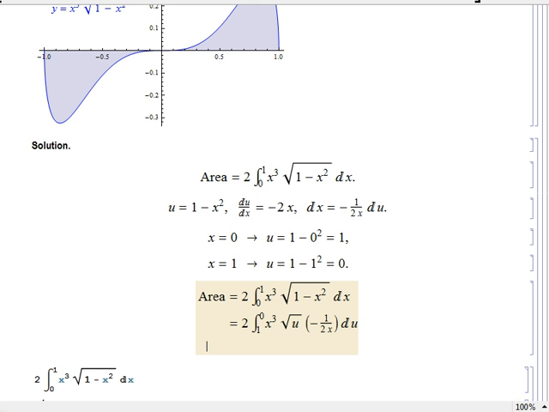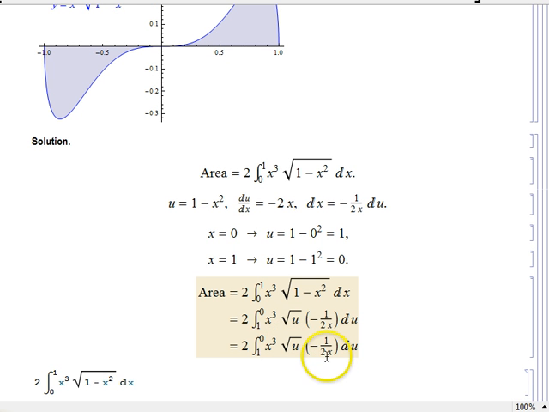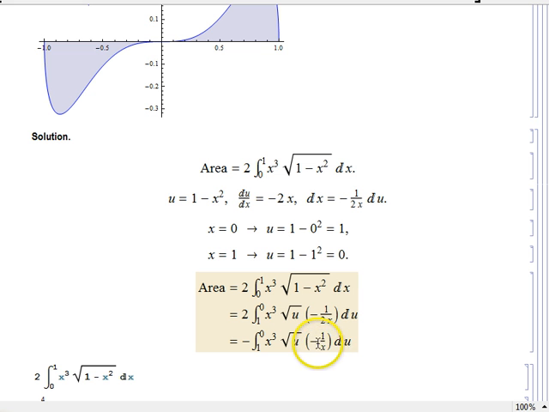Now, do you see cancellation? Yes, there is some cancellation, but I'm afraid not complete. Let's see, this 2 cancels out, we have just a negative sign, so this can all go. The negative can go, and this x in the denominator will cancel out one of those cubed, and you're going to get x squared.